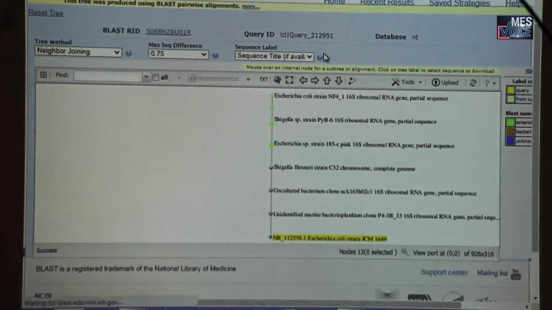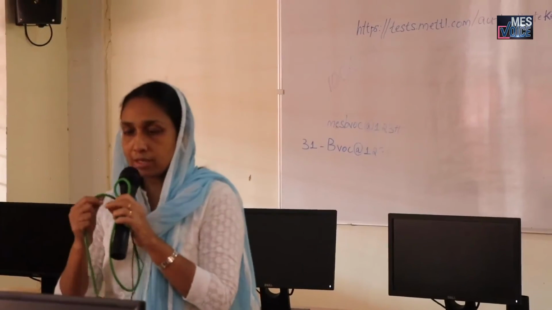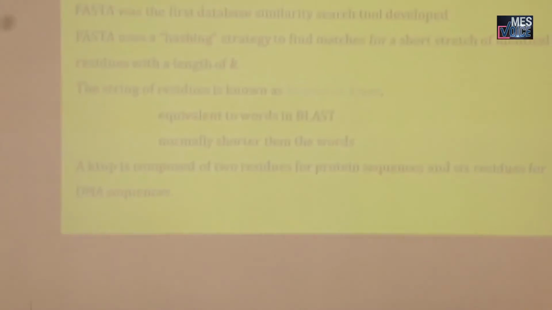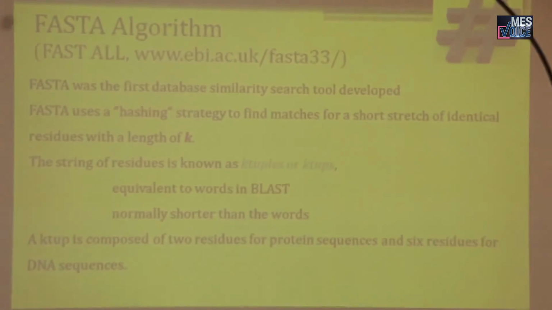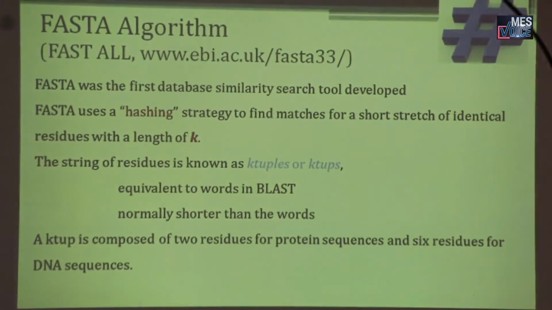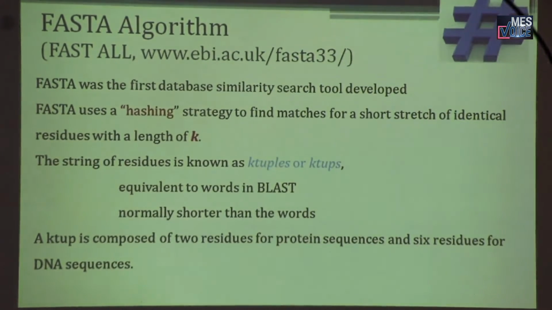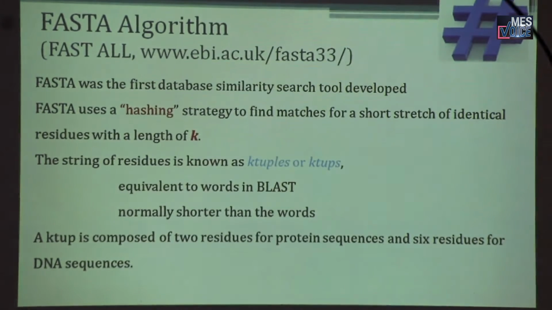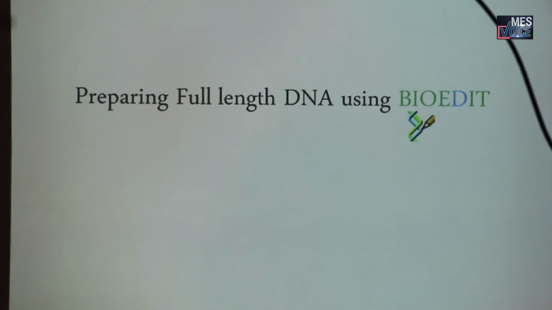You can select neighbor joining. The FASTA algorithm can also be used for sequence alignment, but we usually use BLAST for sequence alignment. I don't know if it has BioEdit, so you can do it from BioEdit.